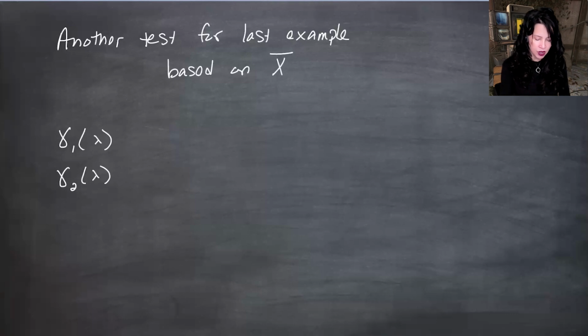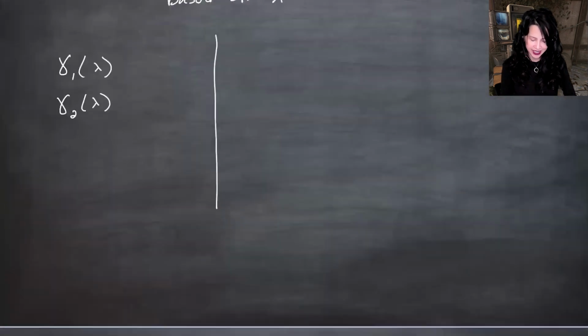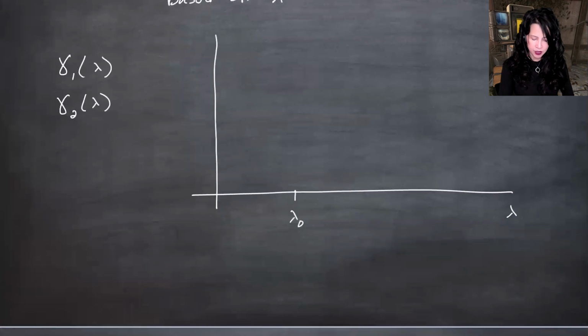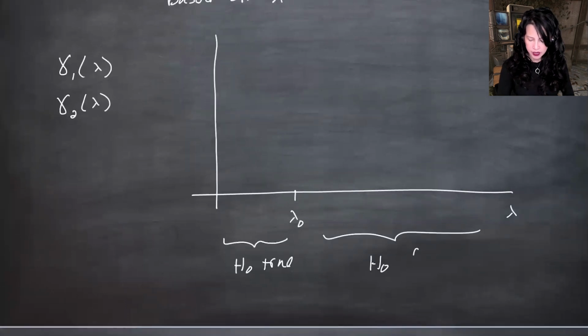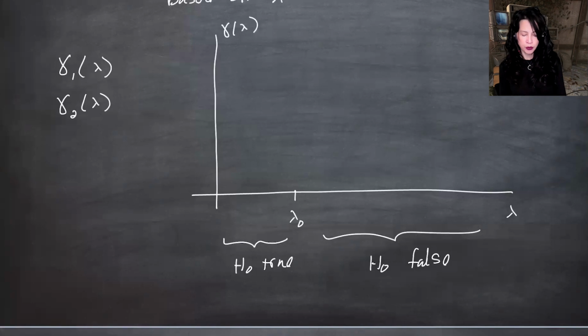I am going to draw a couple of power functions here, and I'm going to ignore the fact that we actually have a shape for this function. If this is my lambda axis, and here is lambda naught, and here is where the null hypothesis is true, and here's where the null hypothesis is false, we want this power function, so I won't put a 1 or a 2 up here because I'm going to sketch them both.